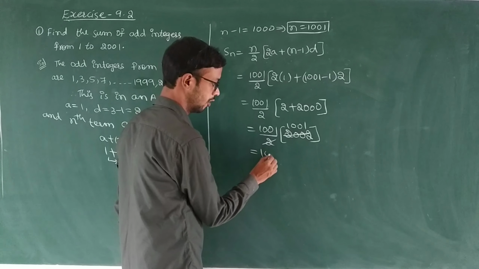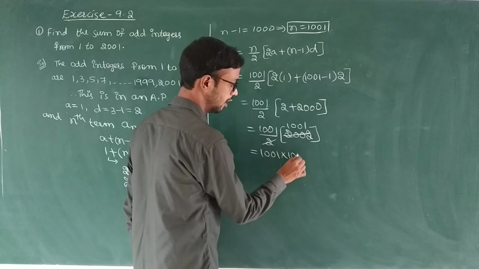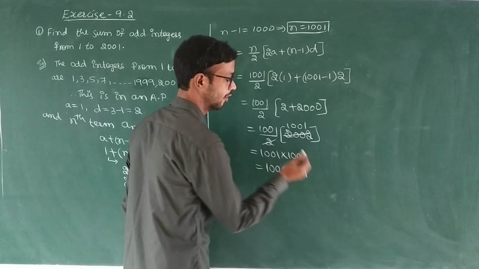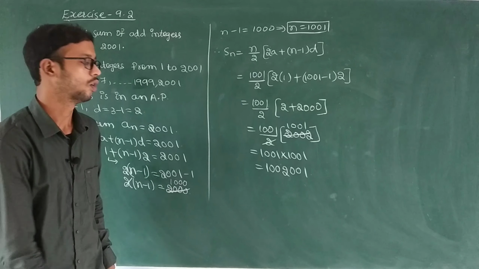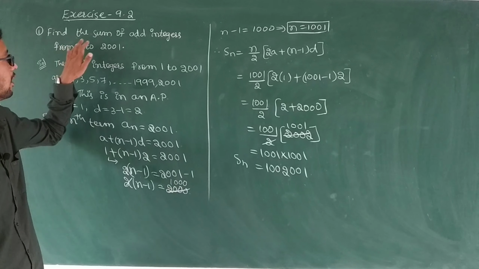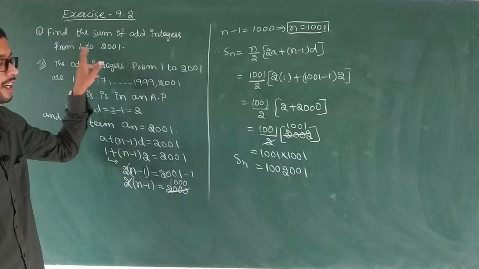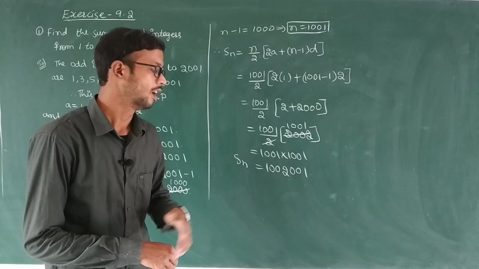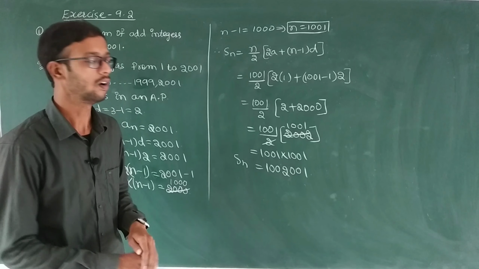What will we get? 1001 into 1001, 1,002,001. The sum of odd integers from 1 to 2001 is 1,002,001.